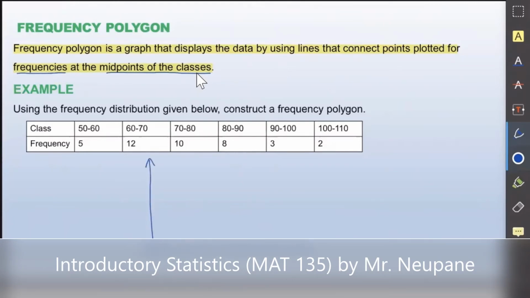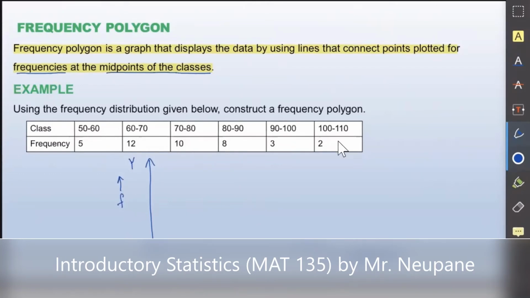Along the X axis, you have the midpoints of the classes. And along the Y axis, you will have the frequencies. Make sure you label it like that.